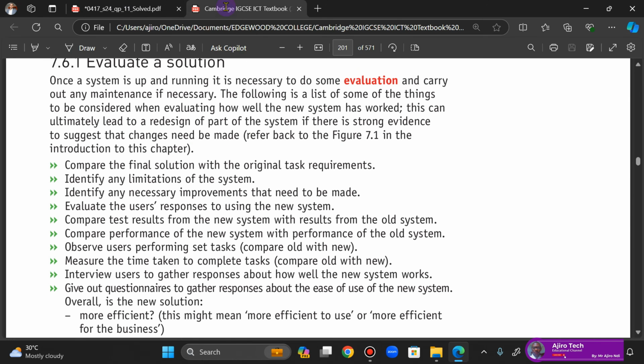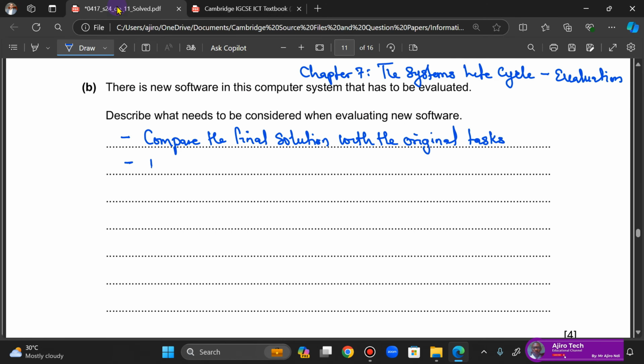The next one is identify any limitation of the system.